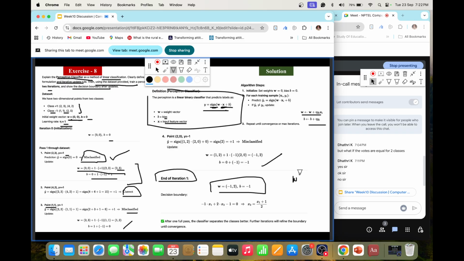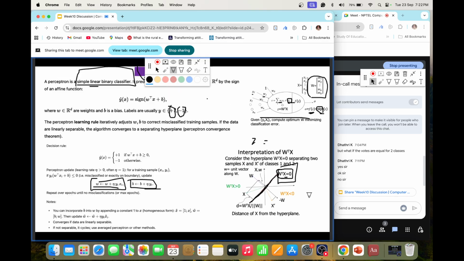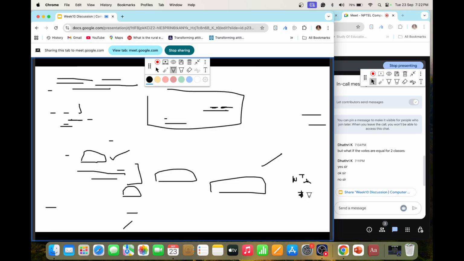We can easily write the decision boundary, that is, wt x plus b will be our decision boundary, wtx equal to 0.